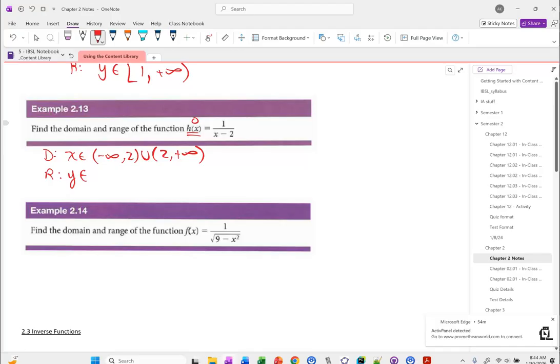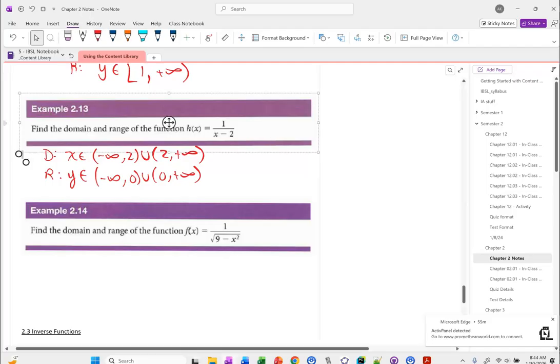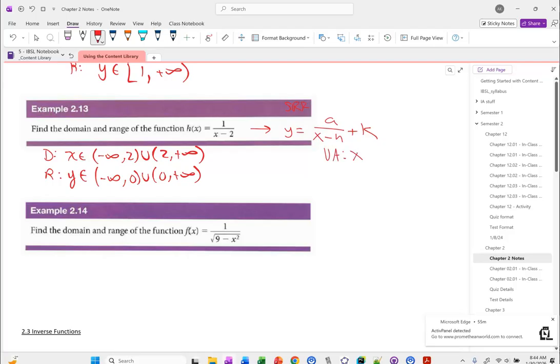Is that okay? Now, you might have also recognized this as a simple rational function. For a simple rational function, you know that the vertical asymptote is at x equals h and the horizontal asymptote is at y equals k.